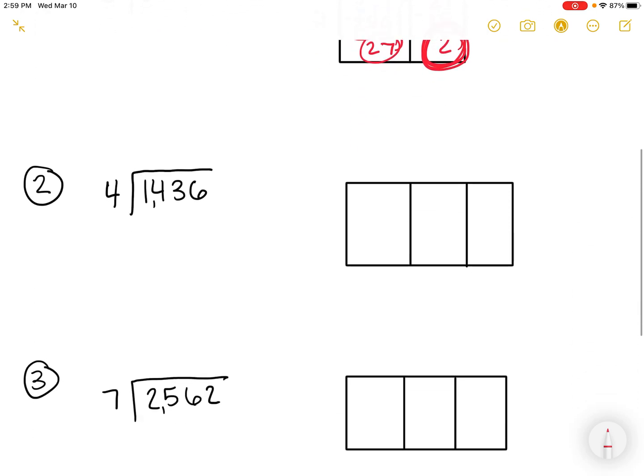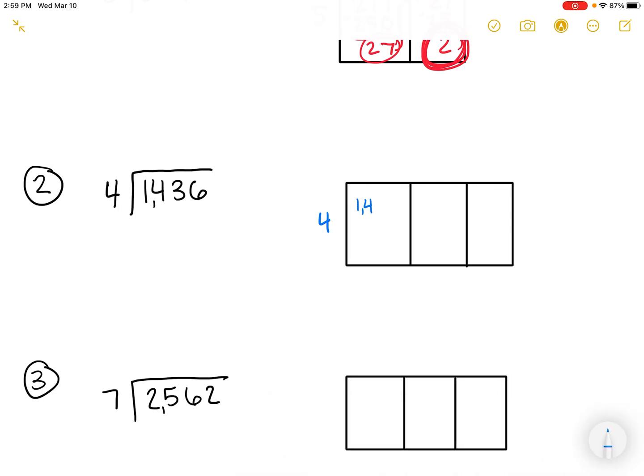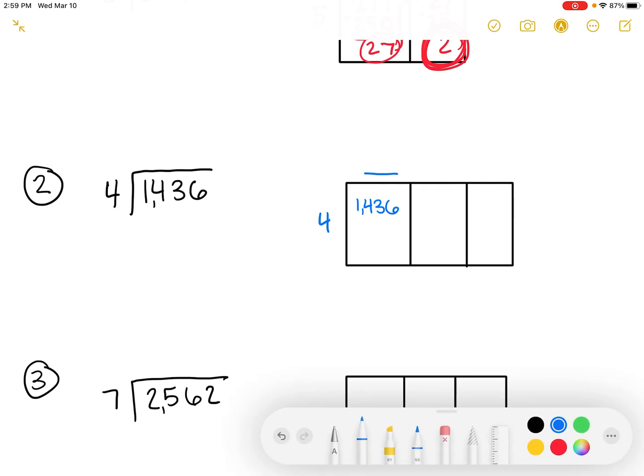Let's try another example. For number 2, we have 1,436 divided by 4. So let's first set up our problem by putting our 4 on the outside and 1,436 on the inside. So let me think to myself, what times 4 will give me something close to 1,436?